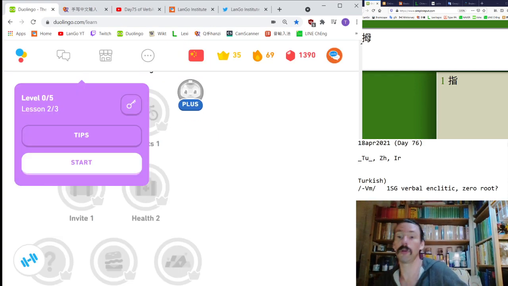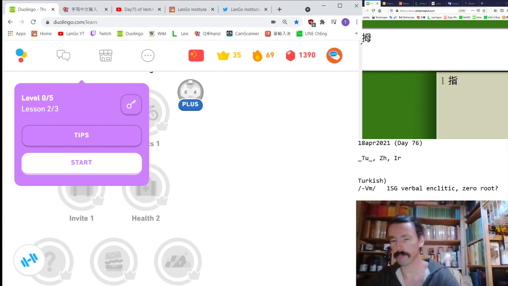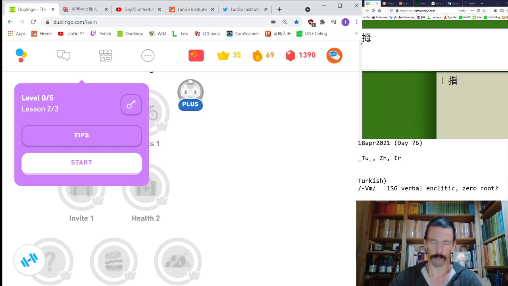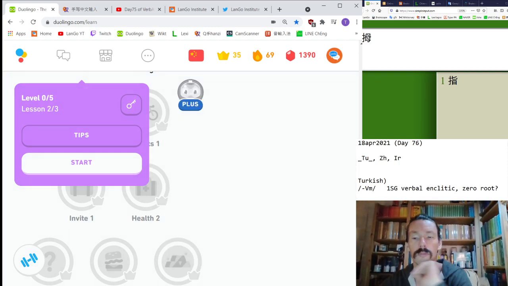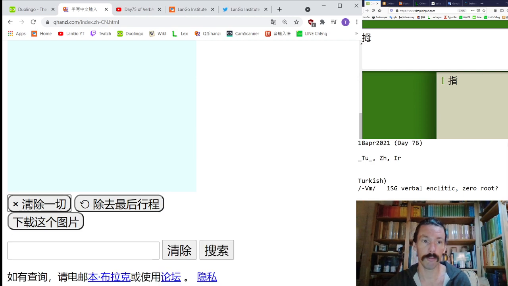How many languages am I learning? Yeah, on Duolingo, about 35-ish, I think. All the ones that they offer. How about you? There's a few I know pretty well. I've spent a lot of time studying Chinese over the last 15, 16 years-ish.